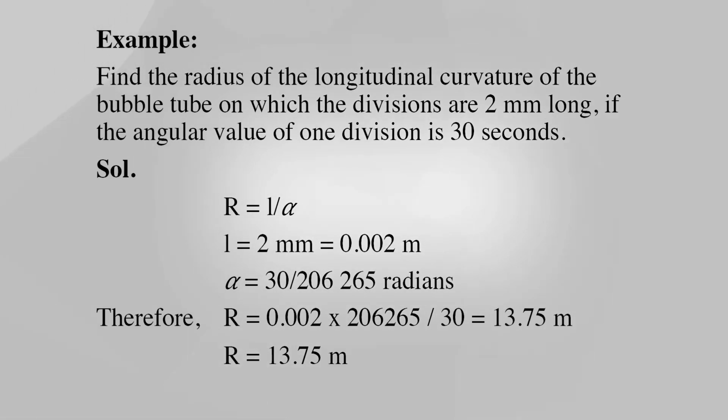Alpha can be calculated as 30 divided by 206265 radians. Now we can calculate R, which will be equal to 0.002 multiplied by 206265 divided by 30, that is L by alpha, which will give your result as 13.75 meter. So, radius of longitudinal curve will be 13.75 meter.